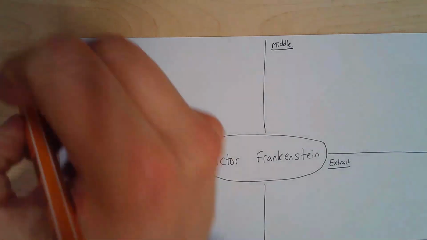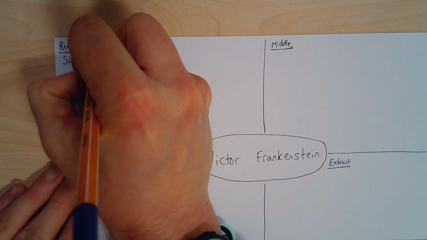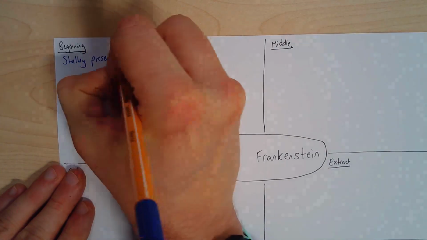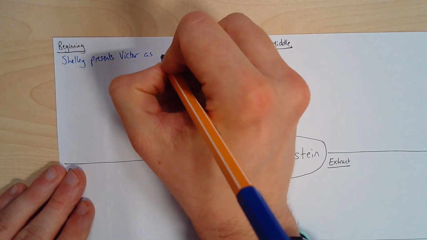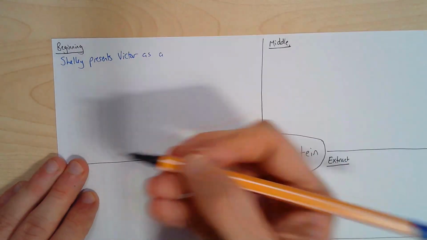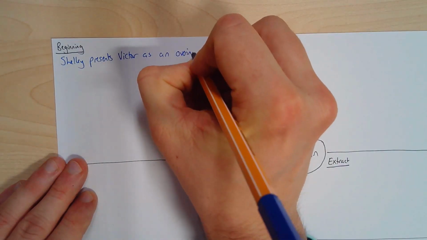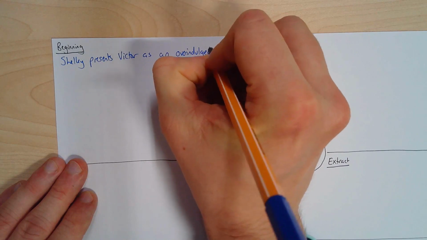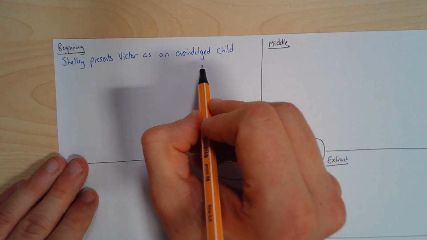Shelley presents Victor as a spoilt child. And I don't like spoilt as a term. He is spoilt, but let's say overindulged. Shelley presents Victor as an overindulged child.